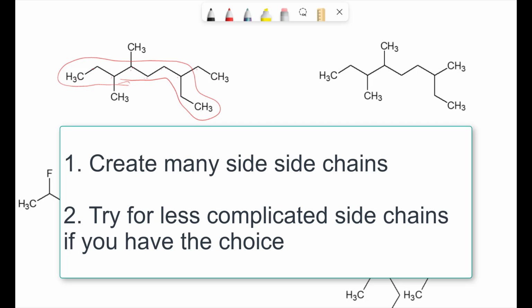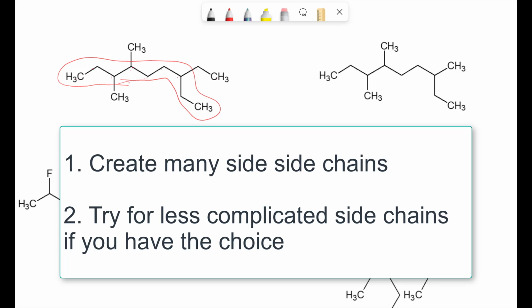So if I don't have very many side chains, that typically means that I'm going to have a bunch of atoms lumped together, and the naming of that side chain is going to typically be complicated. So to reduce that complication, if we could break up the long chain and create more smaller side chains on it, it would be much easier to name overall. So that's just something to keep in mind when we're going through this.